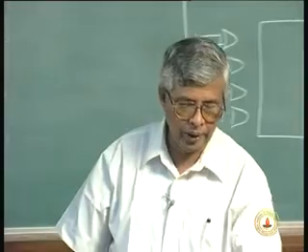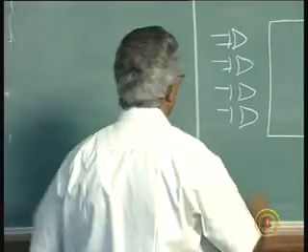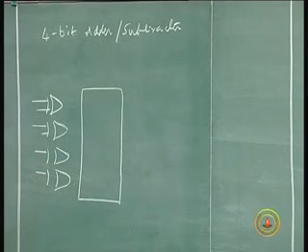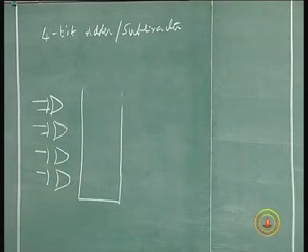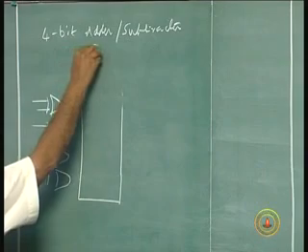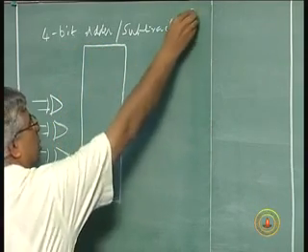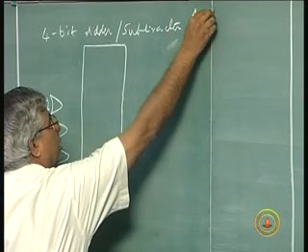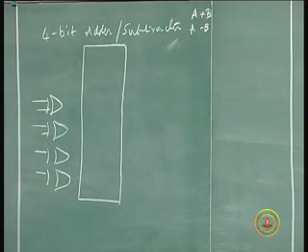These are the numbers to be added, A's and B's. So we want A plus B or A minus B.